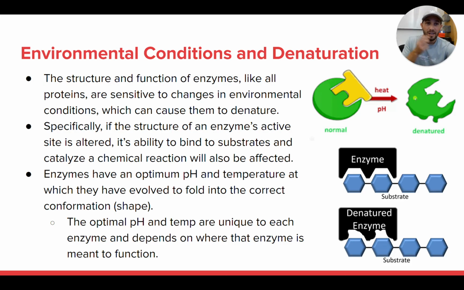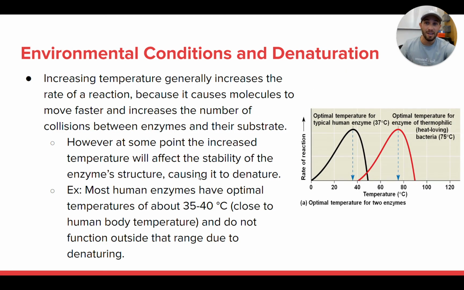And so enzymes, depending on the enzyme, every enzyme has an optimal pH and an optimal temperature that it functions at, where it's going to do its job and catalyze the reaction most efficiently and fastest. It just depends on the enzyme. When it comes to temperature, for example, in general, for chemical reactions outside of biology, you should have learned this in chemistry, a higher temperature actually causes chemical reactions to happen faster.